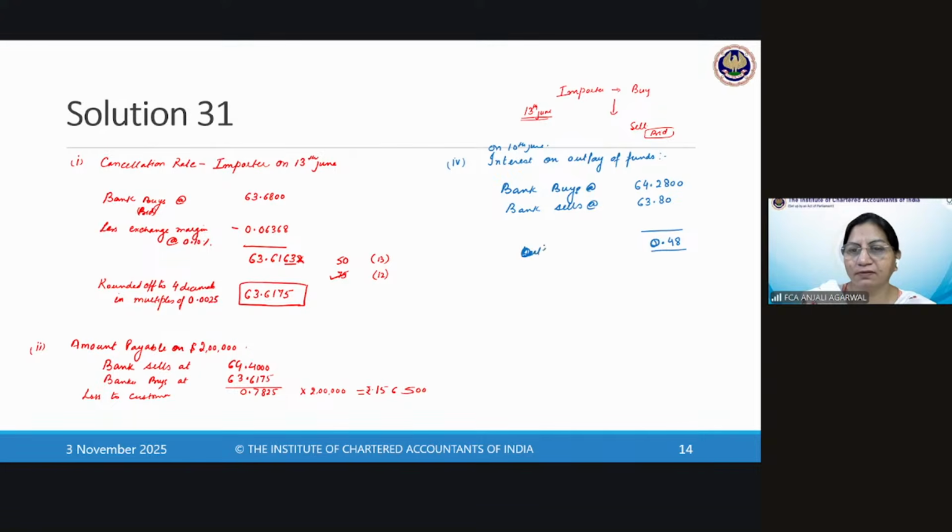Outflow of funds per dollar is 0.48. Total outflow is $96,000.